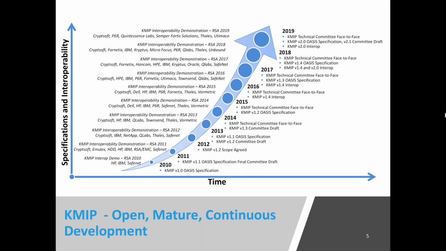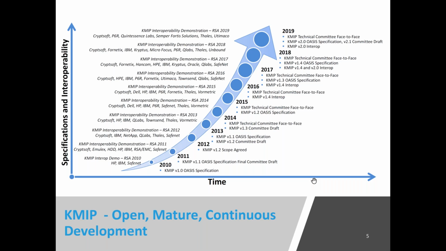Over the last 10 years, a number of different organizations representing a variety of different users and industries have joined the technical committee, and the spec itself has evolved over a number of years. The current published version is 1.4, which was actually issued last year.